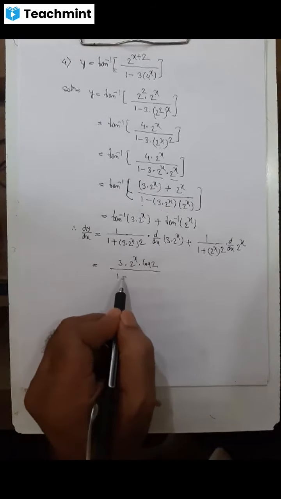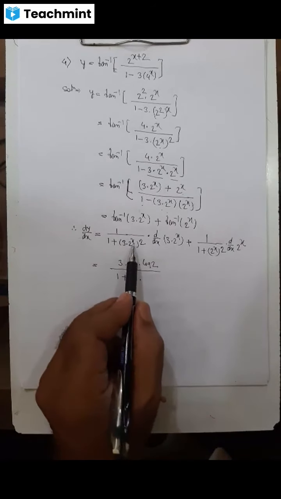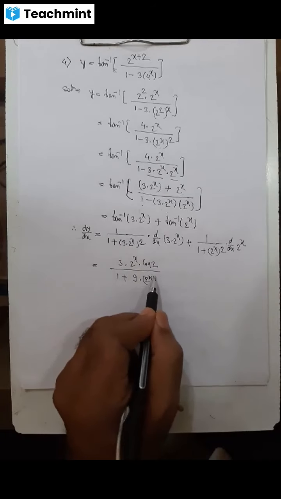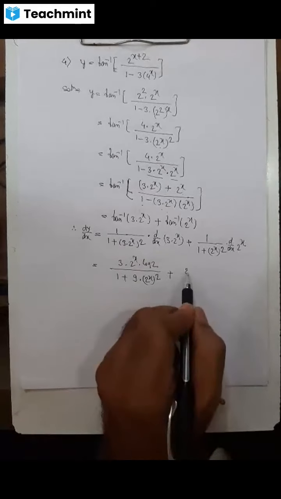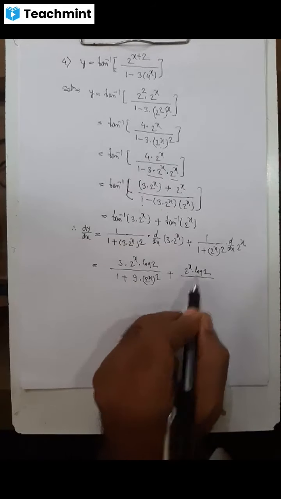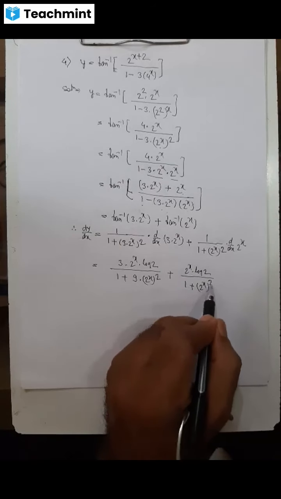Denominator 1 plus 3 square means 9 and 2 to the power x its square, plus derivative of 2 to the power x, 2 to the power x into log 2, and denominator 1 plus 2 to the power x its square.